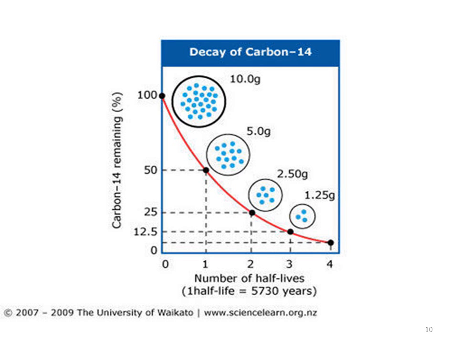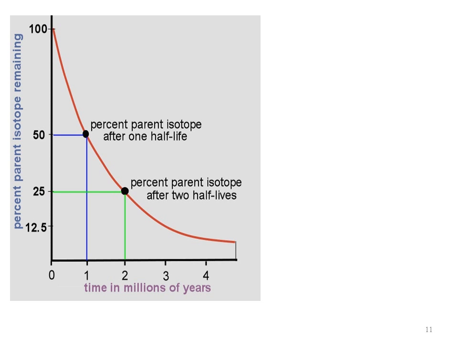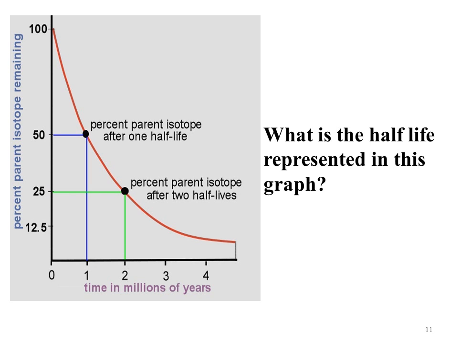Here's what that would look like in a graph form. So we would have number of half-lives on the bottom and then how much carbon remaining. And we're doing percent here. You could do grams. You could do something else. So take a look at this graph. And can you tell me what is the half-life of this particular isotope?